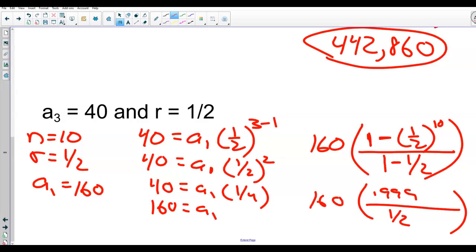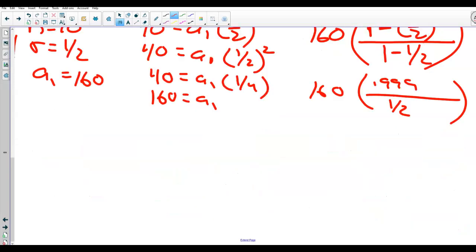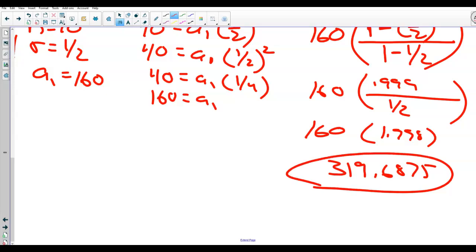I'm going to take that number and divide by 1/2. And I'm going to get something like 1.999 going on forever. And now when I multiply it by 160, I get a sum of 319,685. And there's my answer.